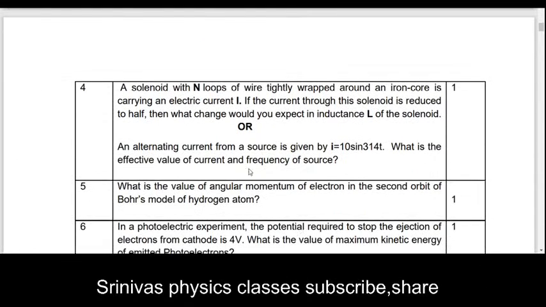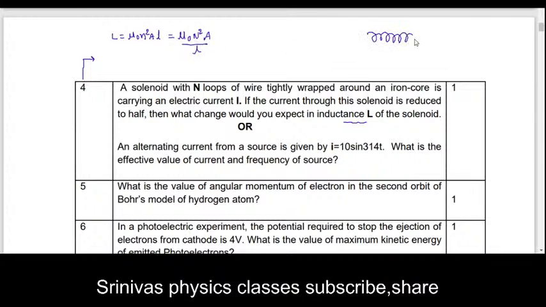This is a solenoid they give. Solenoid inductance they give. What is the formula for the inductance of a solenoid? Fourth question. The inductance of a solenoid formula is mu naught n squared A l, or mu naught capital N squared A by L. This is the formula. What is a solenoid?